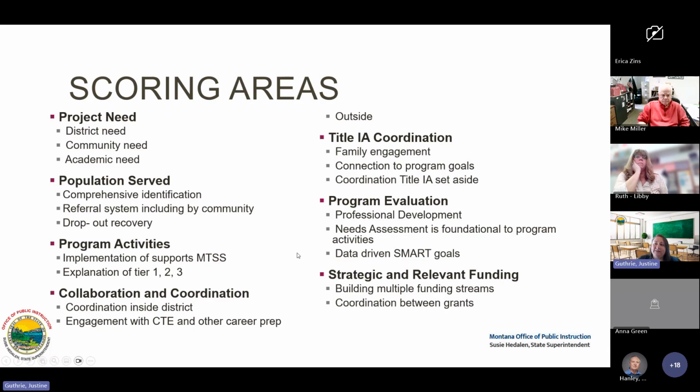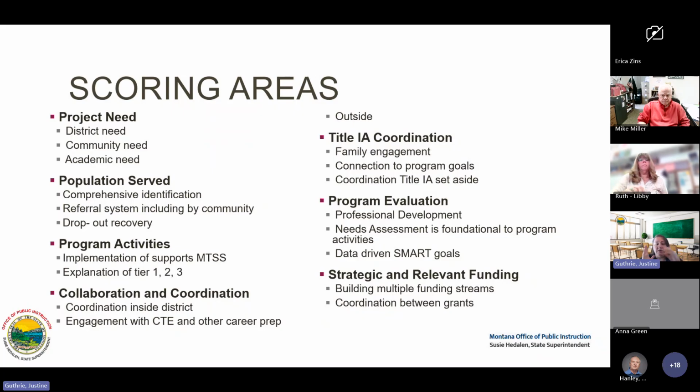Your program activities, I would really love for you all to think about this as a component of your multi-tiered system of support. This is maybe a tier 3 intervention, and how does it fit into how you intervene with some of your other at-risk youth? It might be a way to create the system for those at-risk youth.